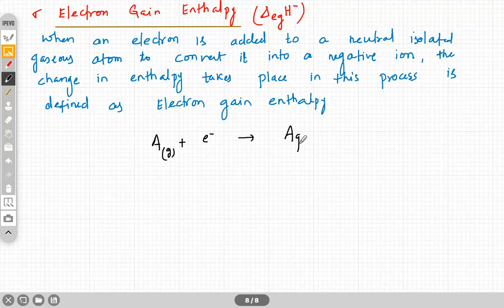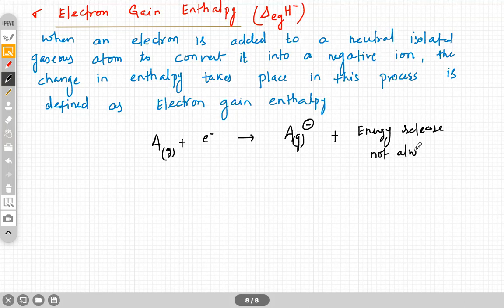Then it converts into a negative ion, A minus. In this process, in general, energy releases. But not always. There are some cases in which the energy is consumed. Generally bond formation is an exothermic process. Whenever A and B bond forms, some amount of energy is released.